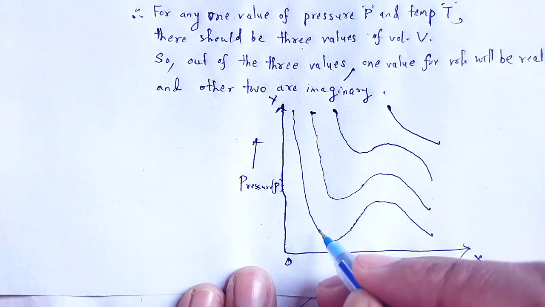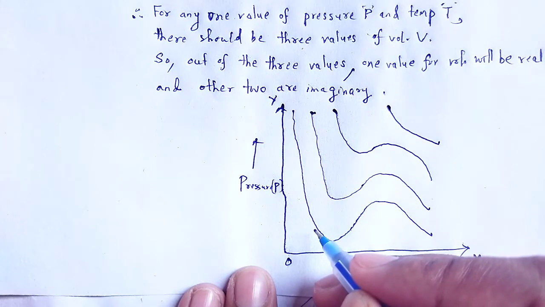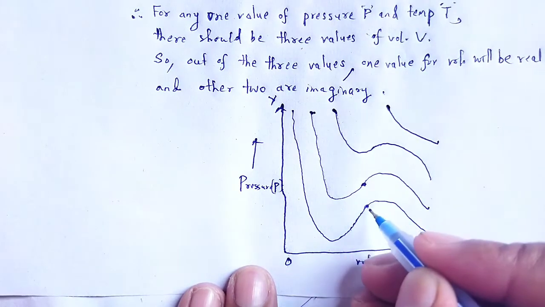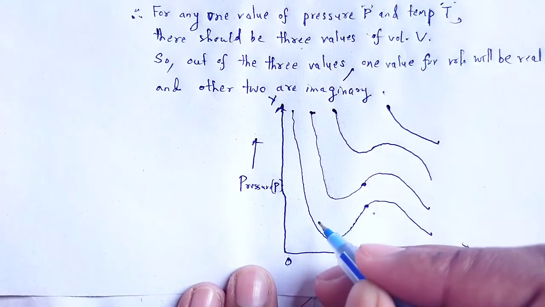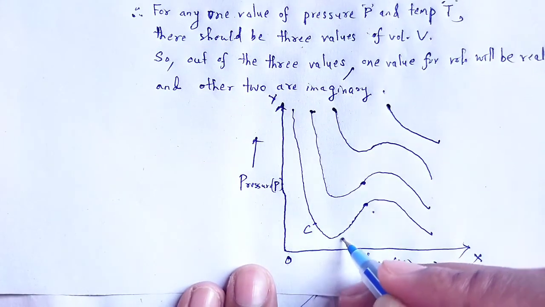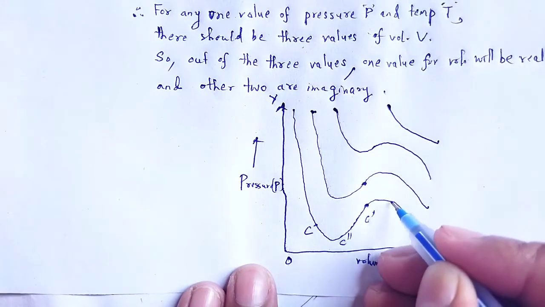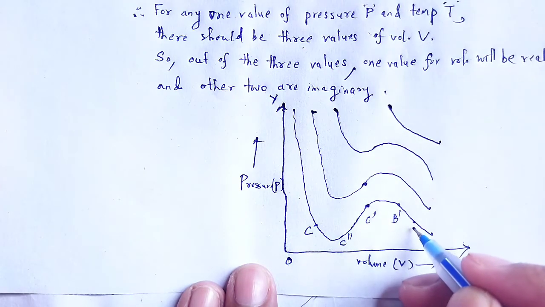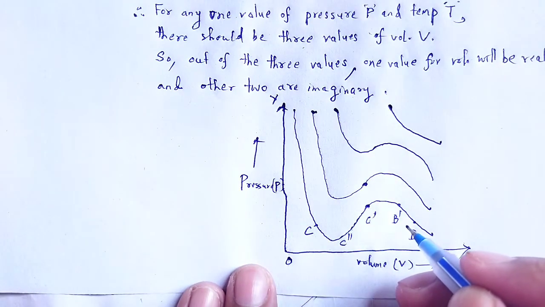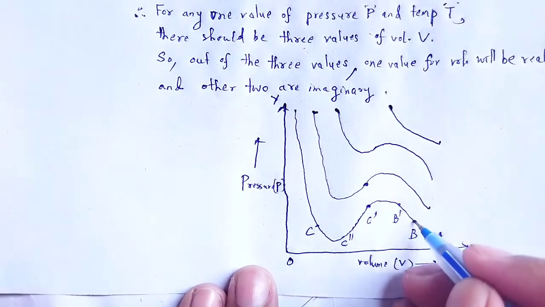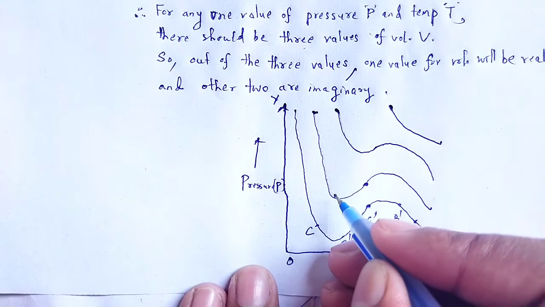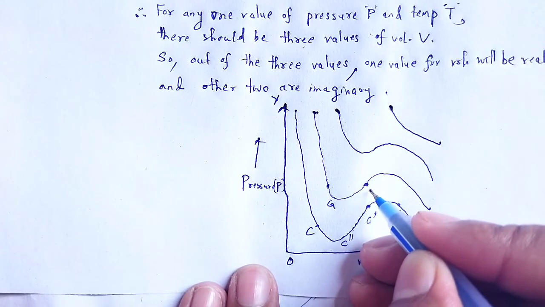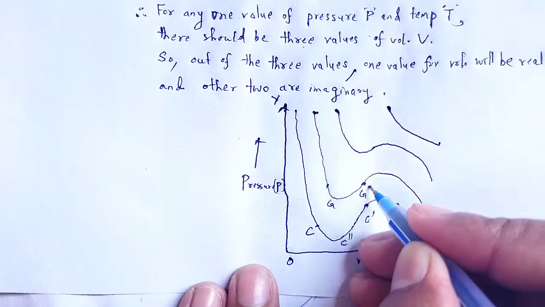Here we get the points. C double dash, C dash, point B dash, B, that is the point A. Here the point as G, B dash, G, G dash.